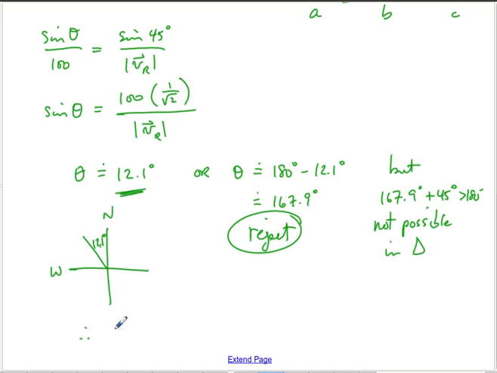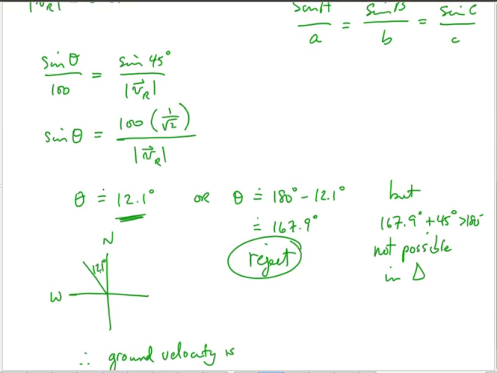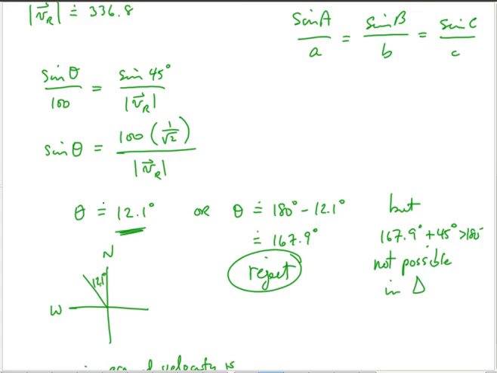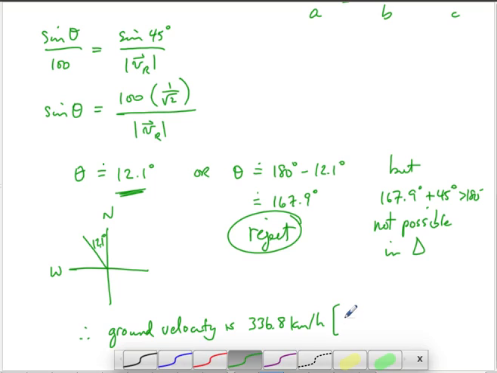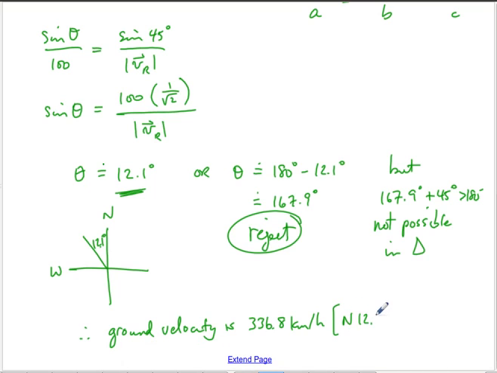So therefore my ground velocity is, and what was our approximation for the magnitude? 336.8 kilometers per hour, and my angle is, sorry, I didn't write that quite right. The angle is north 12.1 degrees west.